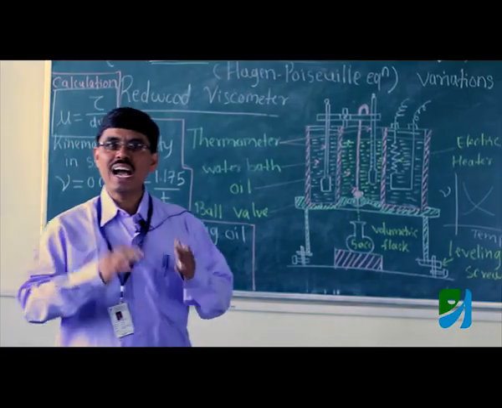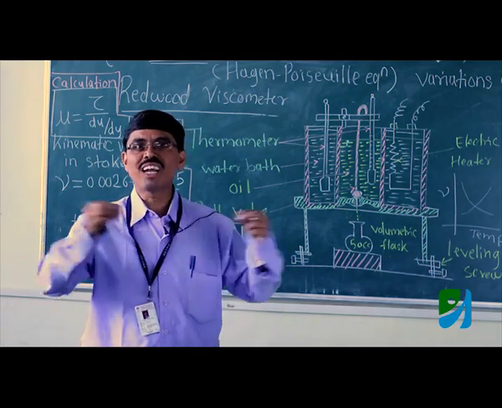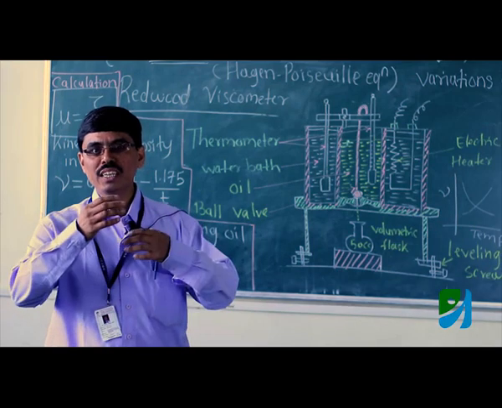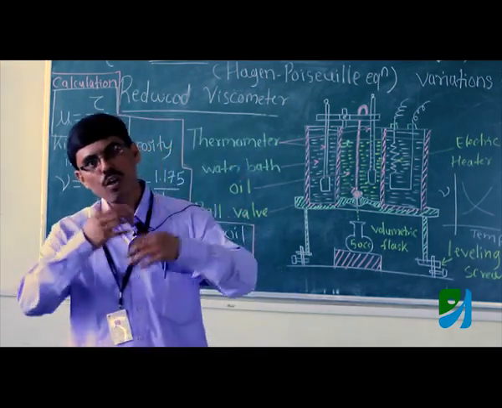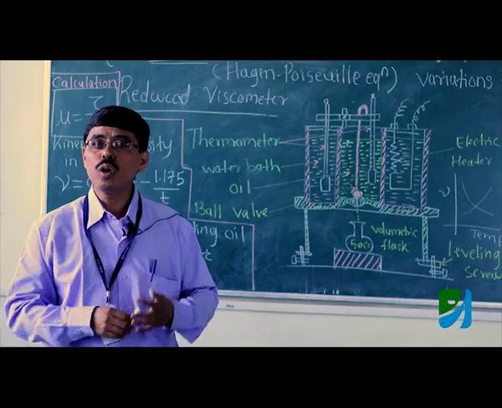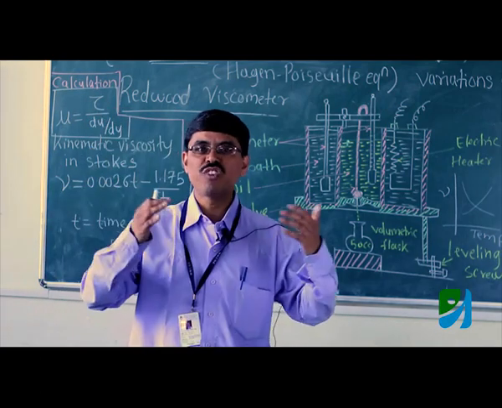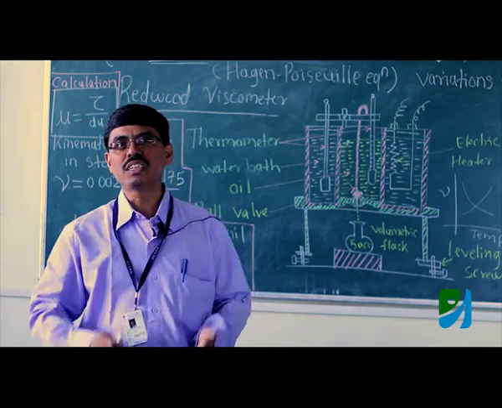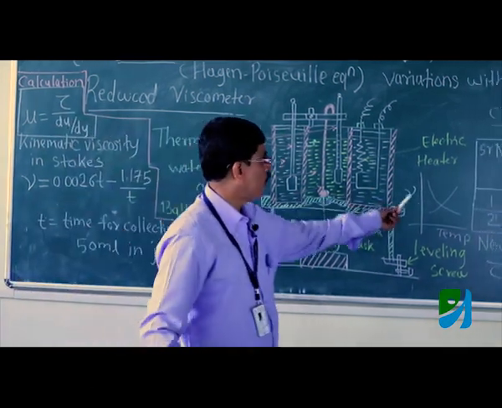As the temperature increases, these molecules go further away from each other. There is more kinetic energy, they are moving at a very random pace, and they are exchanging molecular momentum between them. So the resistance offered by these gaseous molecules is very high. So for gases, as the temperature increases, the viscosity increases. This is the variation you will be able to plot in the graph.